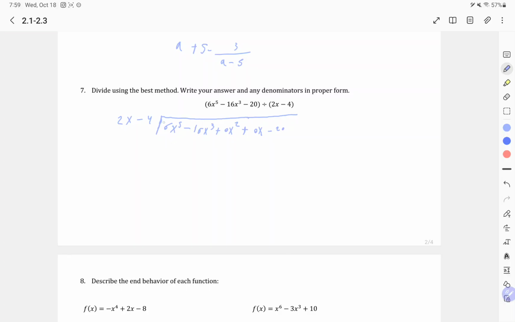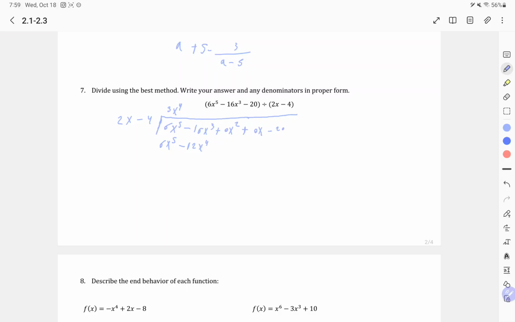So what do we have to multiply to this divisor so that it will become 6x to the power of 5 minus 16x to the power of 3? Well, in my brain, I can think 3x to the power of 4. And what that gives us is 6x to the power of 5 minus 12x to the power of 4.